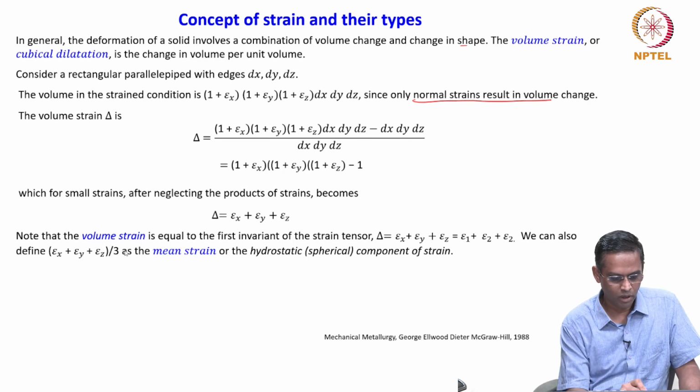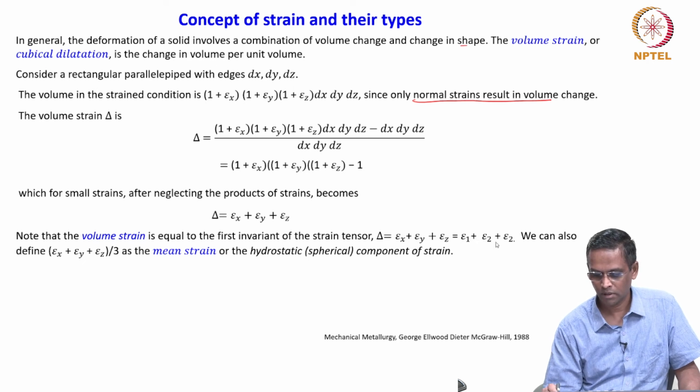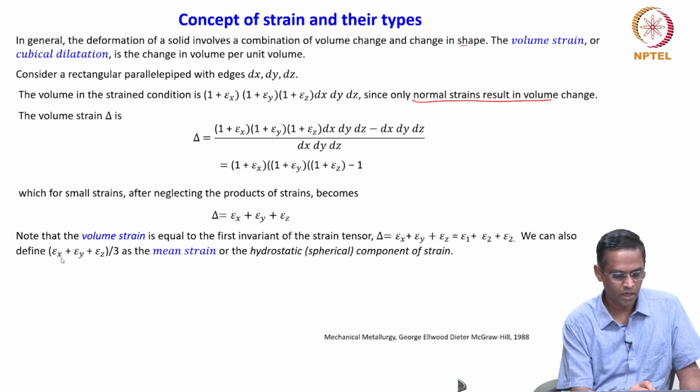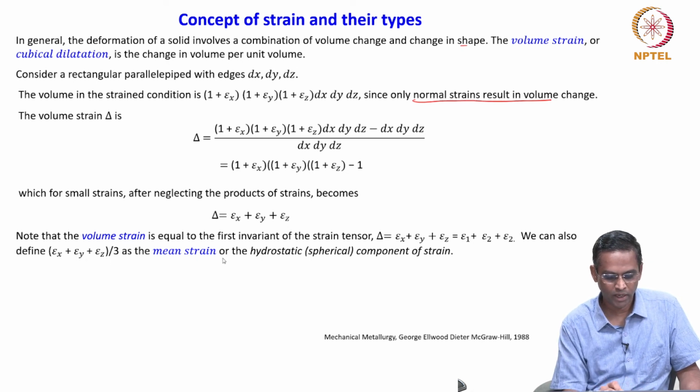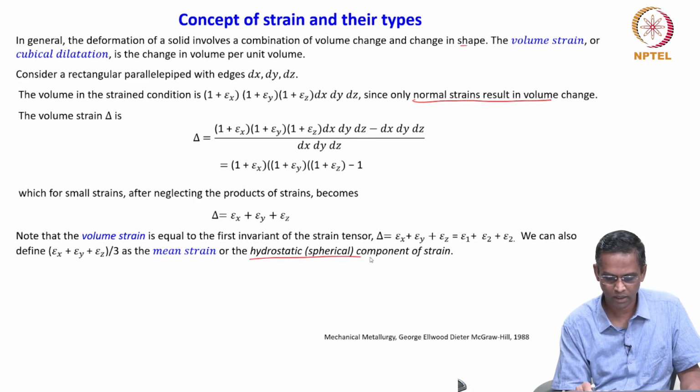Note that the volume strain is equal to the first invariant of the strain tensor, that is delta is equal to epsilon x plus epsilon y plus epsilon z, which is again equal to epsilon 1 plus epsilon 2 and epsilon 3. We can also define, similar to mean stress, a mean strain: epsilon x plus epsilon y plus epsilon z by 3, the mean strain or the hydrostatic component of the strain, very important.